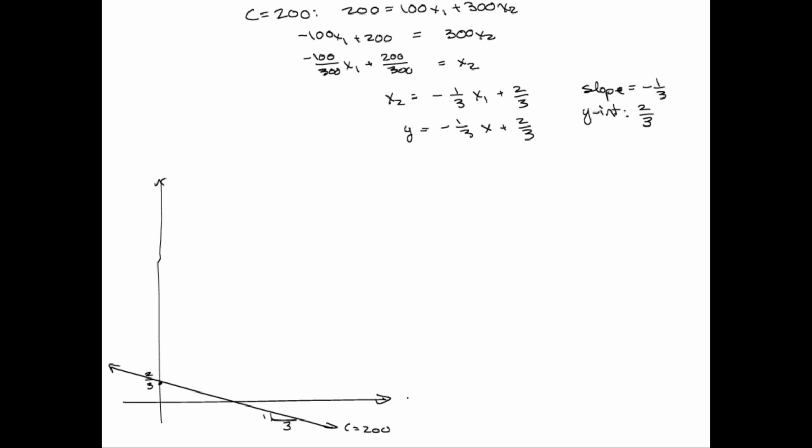200. Okay, let's suppose that C was 300. Now I have 300 equals 100 x1 plus 300 x2. If I work this out the same way I did before, if I solve for x2, now I'm going to divide everything by 300.